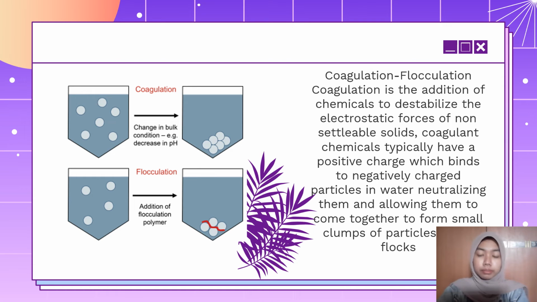microflocs. For some coagulants, alkalinity is a factor operators need to monitor for coagulation to be effective when using iron or aluminum coagulants, which can consume alkalinity and decrease pH when they are added to low alkalinity water.